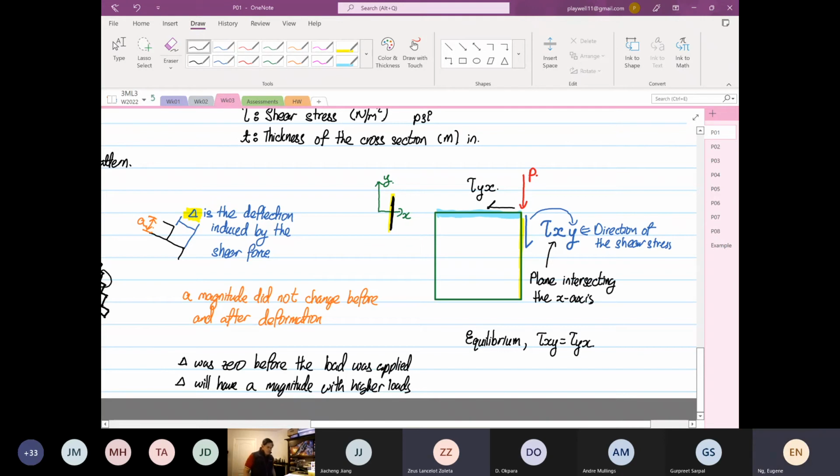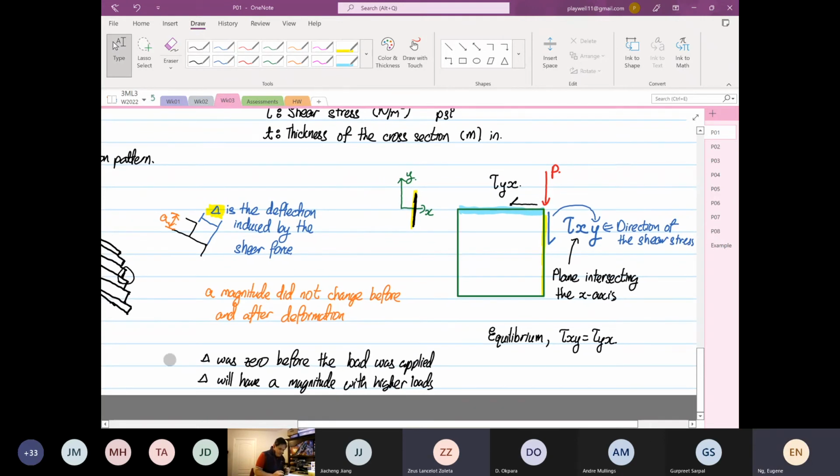So now, if I put the dimension a down here, this height over here, for example, is a. And we already mentioned that at that surface there's no failure. The yellow surface has no failure. This surface is the failure surface.